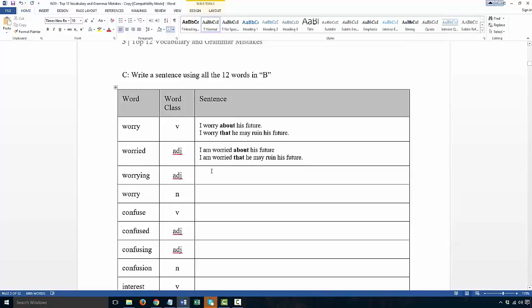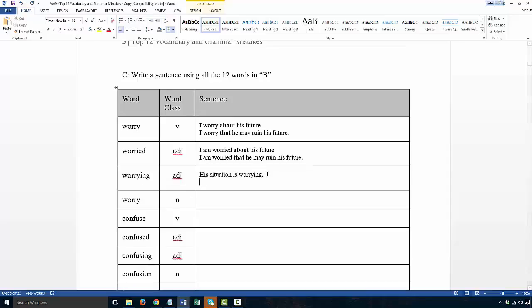So you could say his situation is worrying. That's why I'm worried about his future. Now this is using this adjective behind the be verb. Remember, an adjective can also be before the noun.